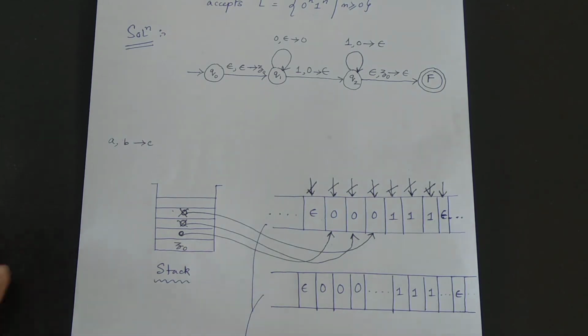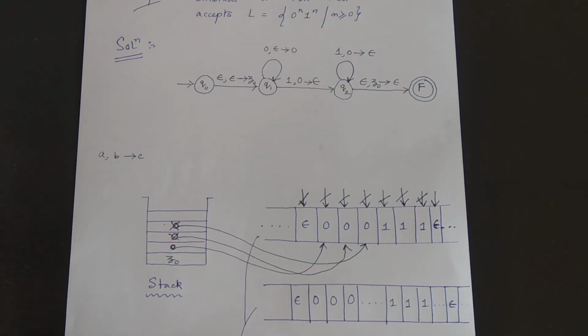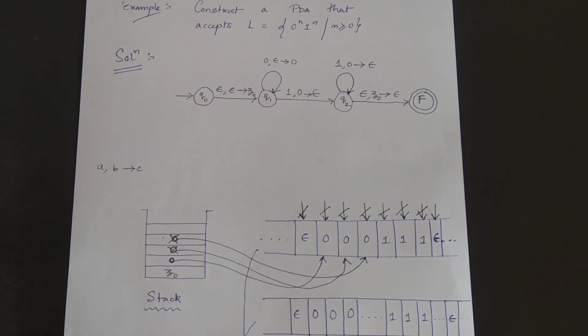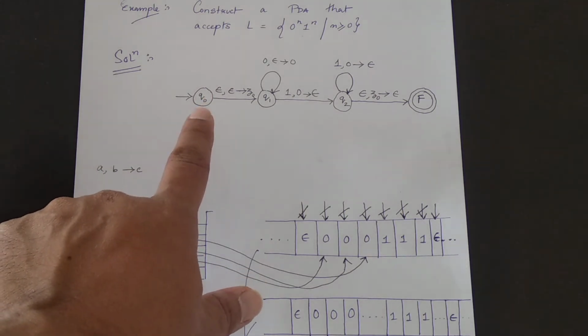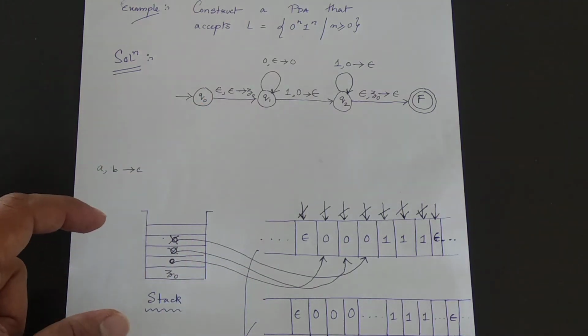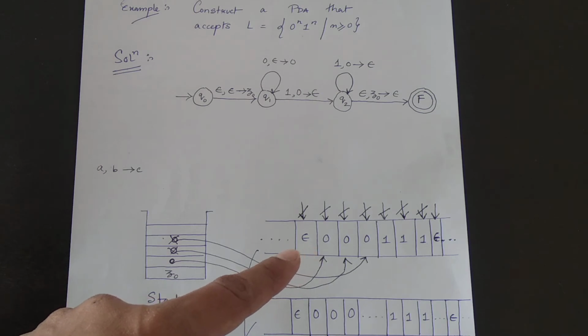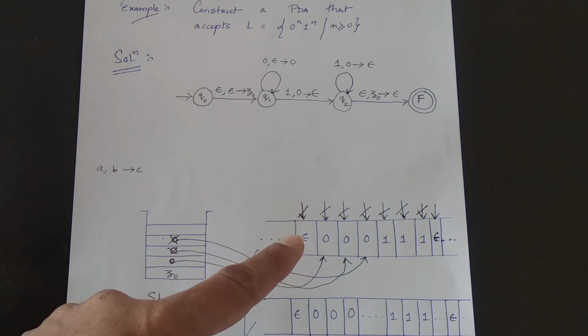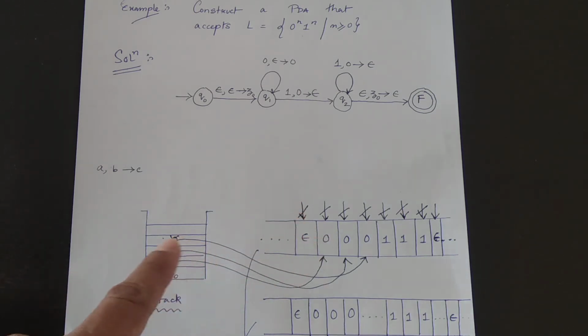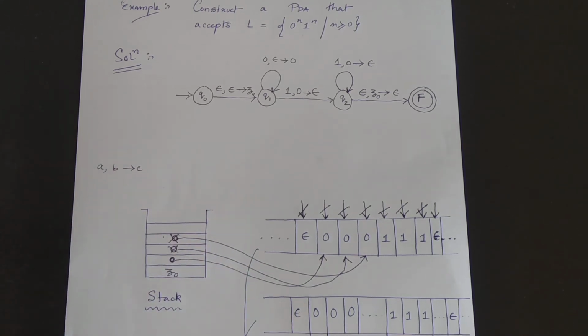So this is the diagrammatic representation, or you can say a construction of a PDA using graphical notation, by using the memory of a stack and the input tape, where I have done the reading operation, and I have used this stack for pushing and popping the elements.